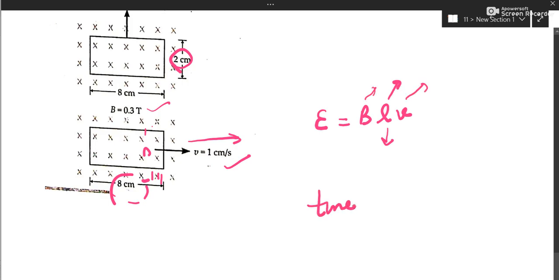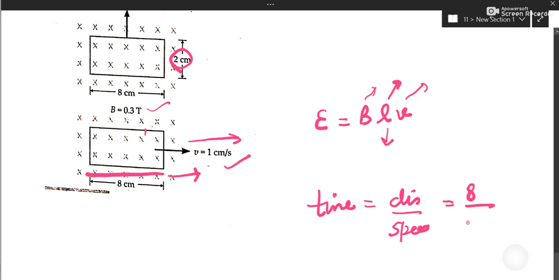Now time, how long the induced EMF lasts. Time is distance upon speed. Which distance will come? The one which is changing, which is moving out. This one is moving out. So here will come 8, upon speed, which is 1 centimeter per second. That will come as 8 seconds.